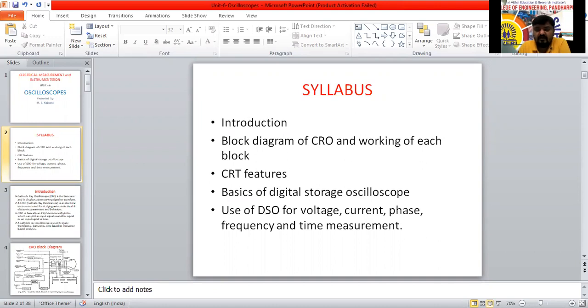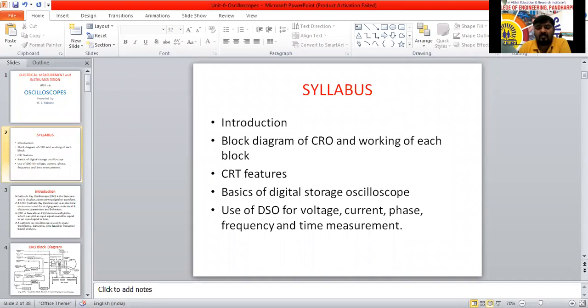Okay, we'll start the introduction to the oscilloscope, or CRO, that is the cathode ray oscilloscope. CRO is the basic oscilloscope. You should remember the long form, cathode ray oscilloscope, and it displays time-varying signals or waveforms.